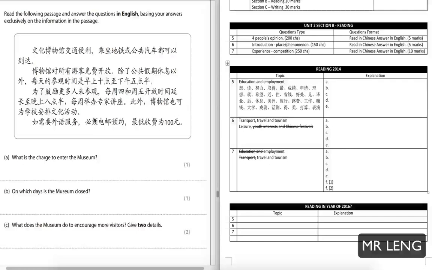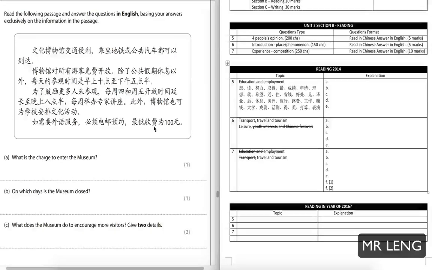So the museum can also arrange some cultural activities for the school. 如果需要外语服务 foreign language service 必须电邮 预约. Take a guess. You must electronic post. That's email, isn't it? 预约 to book.